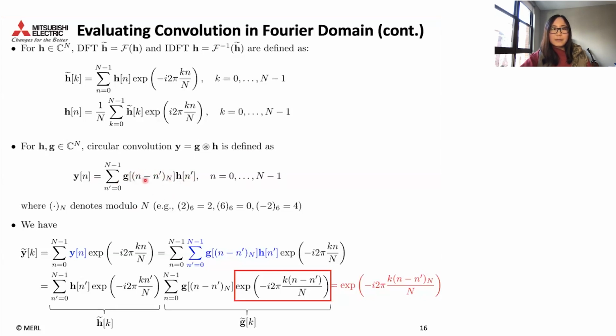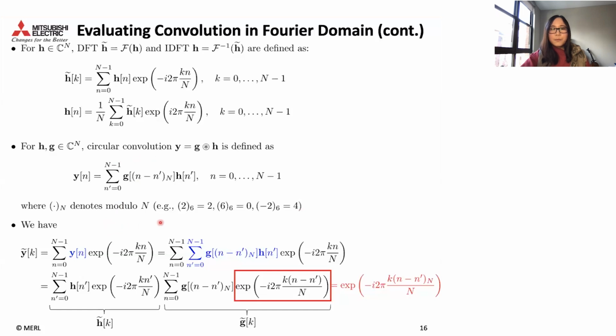This notation means modulo n. For example, 2 modulo 6 is going to be 2. Essentially, it means taking the residual of the division, right? So 6 divided by 6 has no residual, so it's 0. And if it's -2, because -2 is -1 times 6 plus 4, that 4 becomes our residual. So this is how we define the circular convolution.